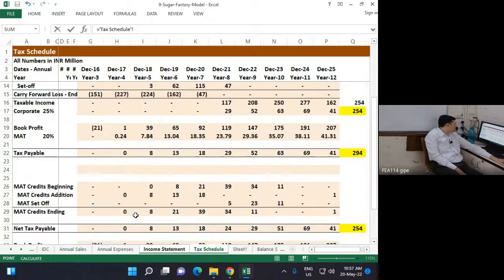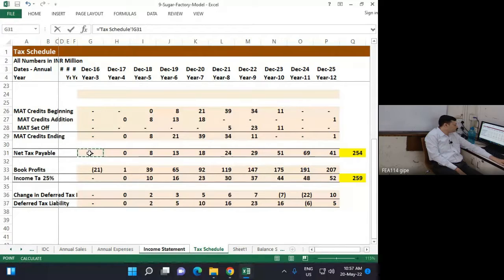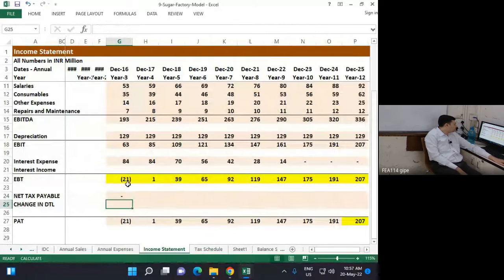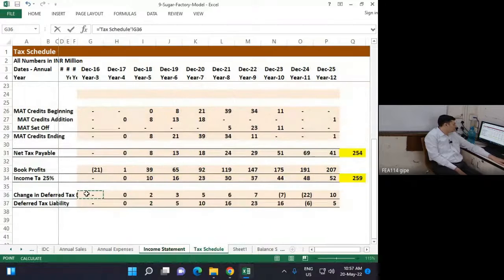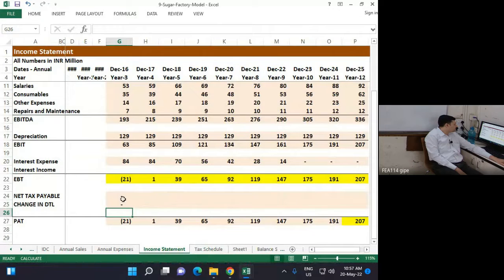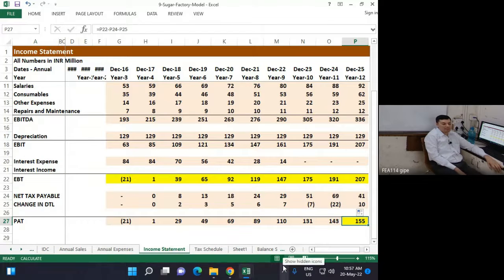So net tax payable, we will link it back from row number 31, and take change in DTL from row number 36. Once you do that, last year's balance comes out to 155. So here's the formula of net tax payable from row number 31, E31.